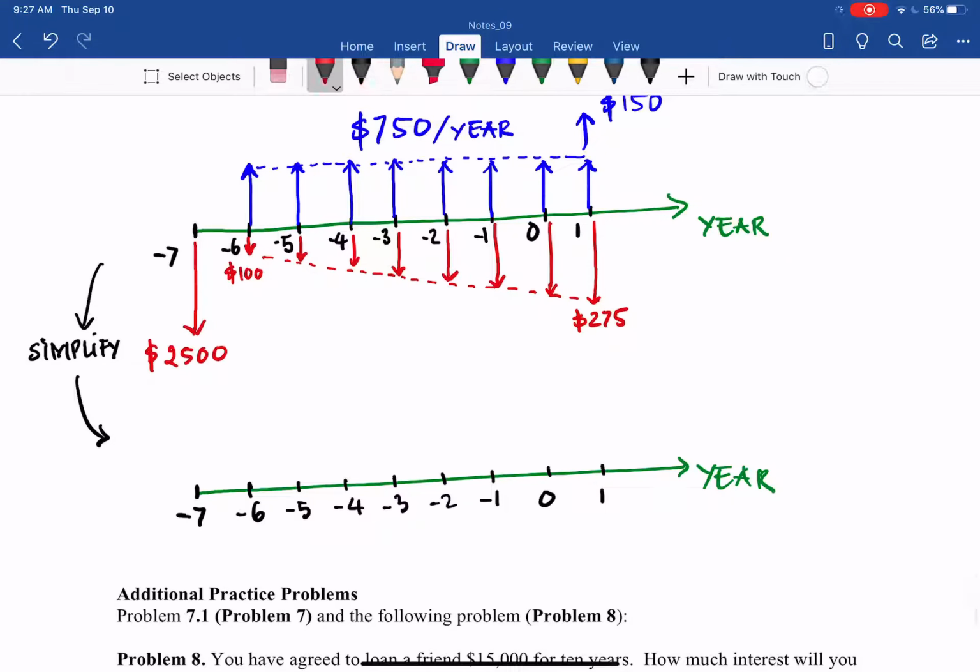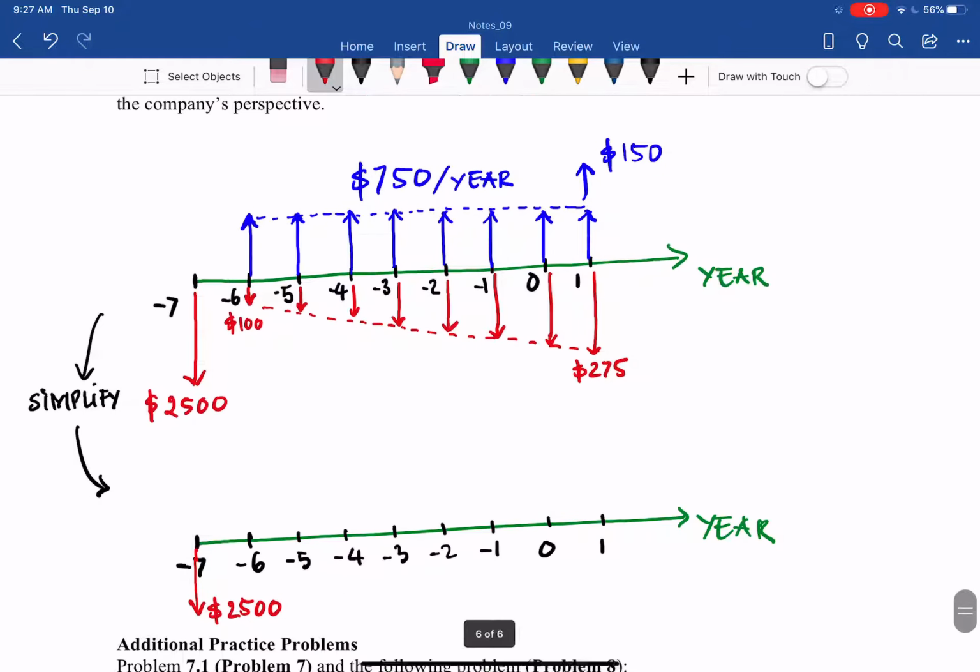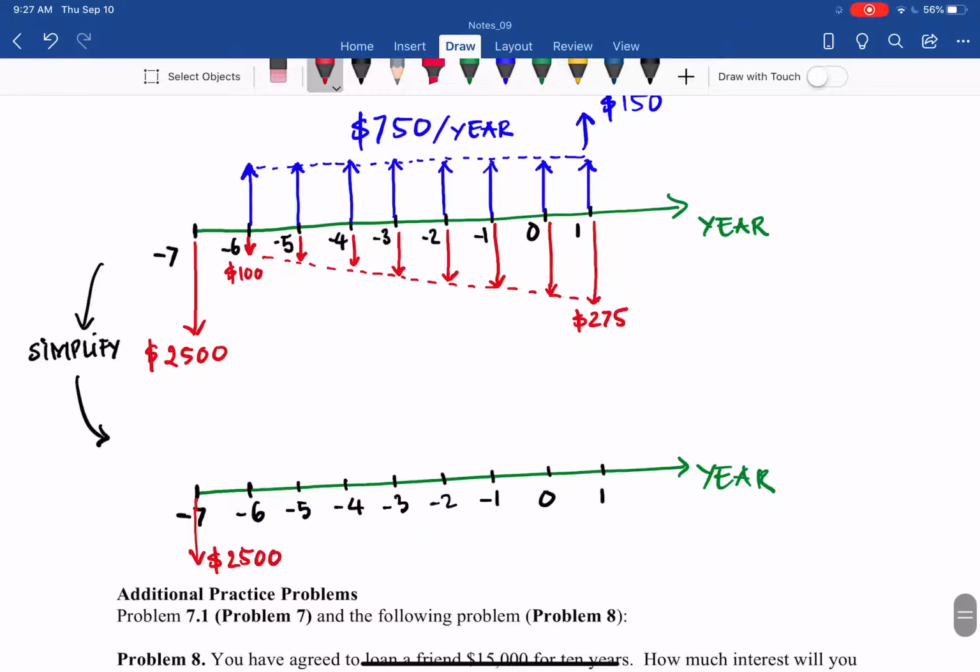At -7, nothing to simplify: it's still 2,500 to spend. At -6, we have positive 750 and 100 negative, so the net is 650, going up.